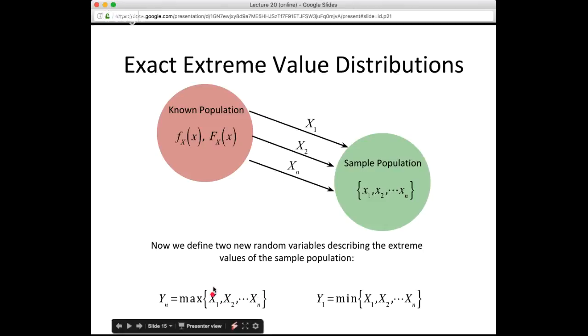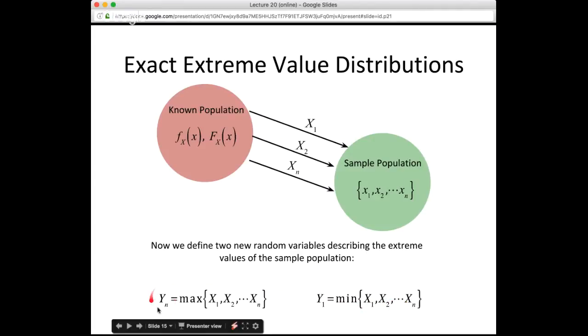So if you had specific realizations for x1, x2 through xn, then you would have a corresponding realization for Yn, which would be the maximum of all of those realizations. Likewise, we can define a new random variable Y1, which is going to be the minimum of the realizations for x1 through xn.